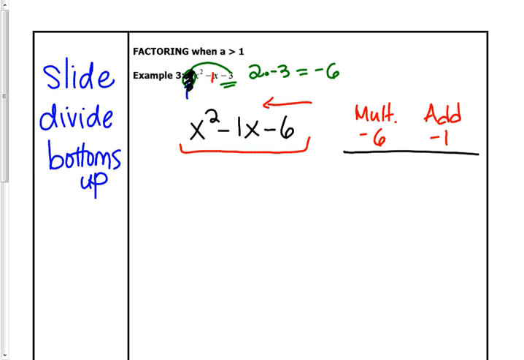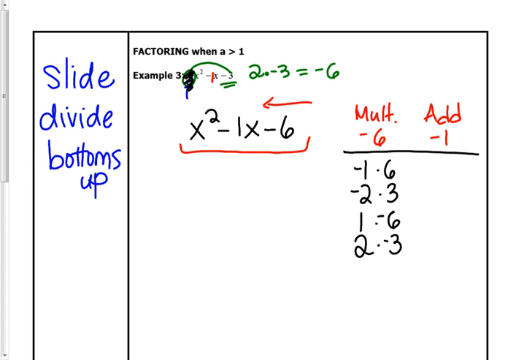So let's find some factors here, some numbers here that would multiply to negative 6. Well, you have negative 1 times 6, negative 2 times 3, but at the same time I can also switch the signs here. I could also have a positive 1 times negative 6, and I can have a positive 2 times negative 3. All of these combinations would give me a negative 6 if I multiplied them.